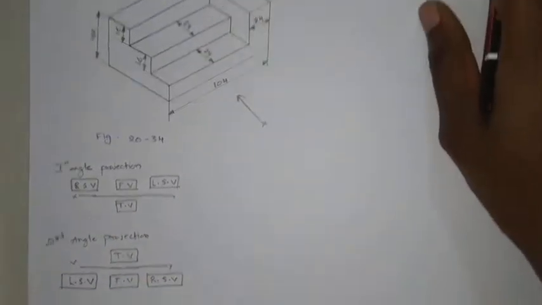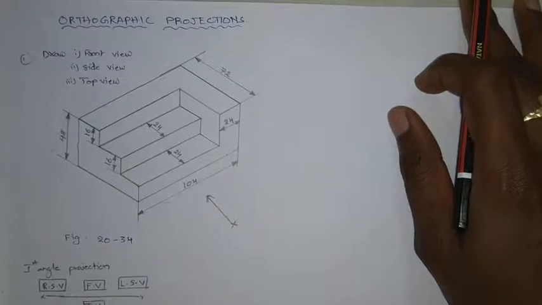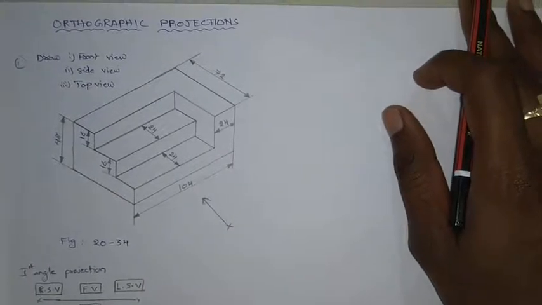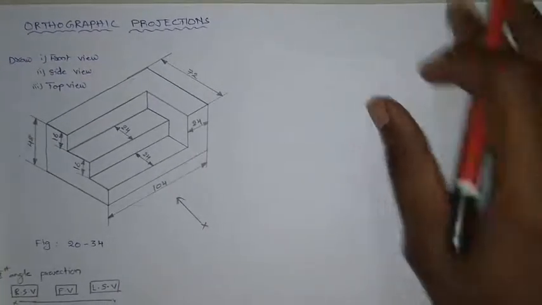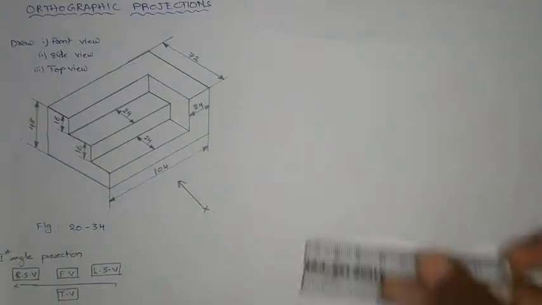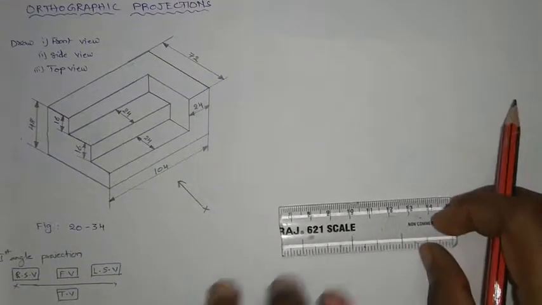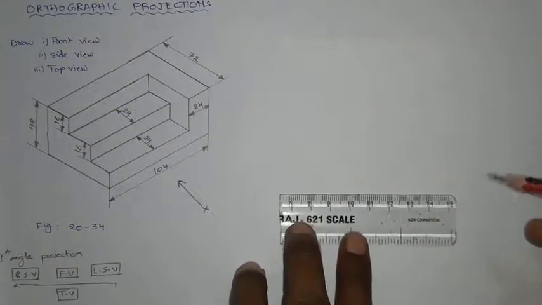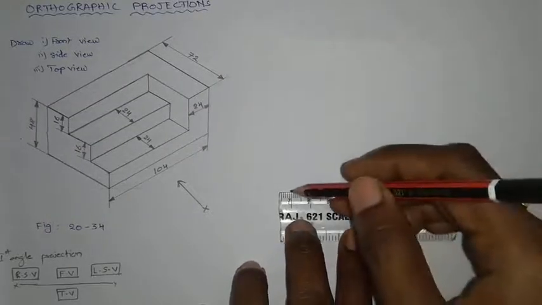Okay, so for this particular diagram, let us see how to draw the front view, top view and side views. Before going to that, first let us draw a reference line.